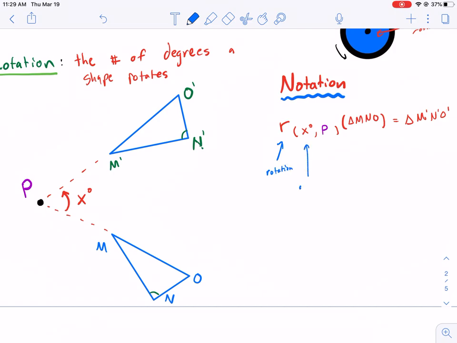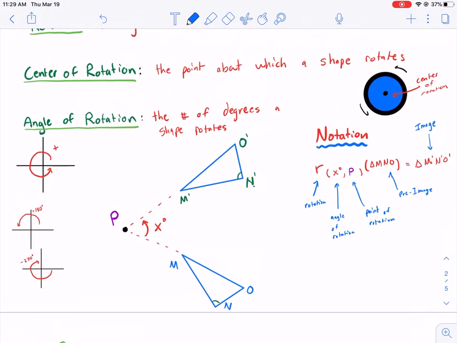This means the angle of rotation. This is the point of rotation, which might be a coordinate. This is the pre-image, before the transformation happens, and this is the final result. This is the image.